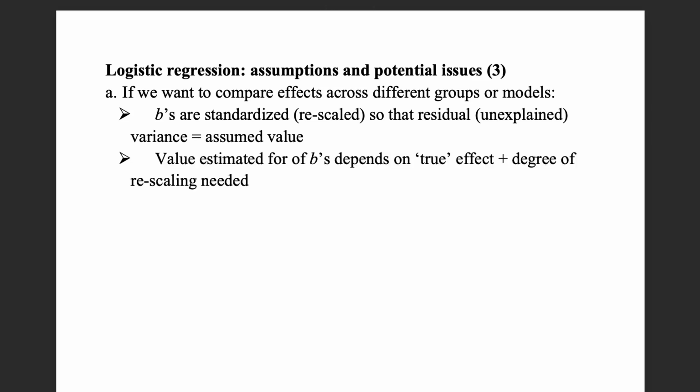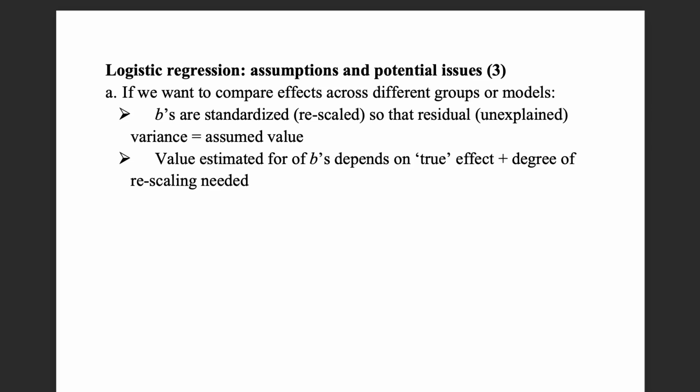And that means that the value of our estimated regression coefficient now depends on two different things. What the actual effect is of our x variable, so the true effect of our x variable on our dependent variable, but also how much rescaling was needed to make sure that the unexplained variance gets to this assumed value.